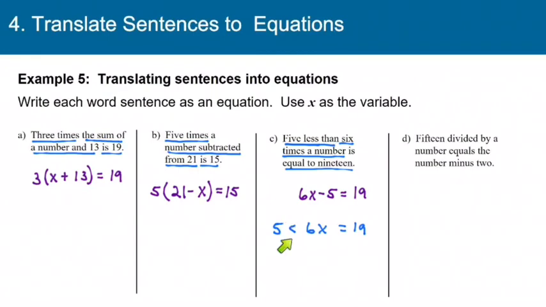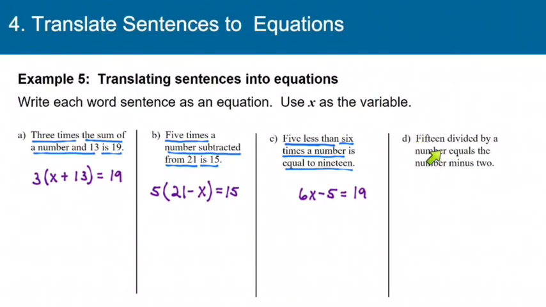So the difference is that this doesn't say 5 is less than 6 times a number. See, it's not trying to get you to put some kind of equality or inequality symbol. It says 5 less than 6 times a number. So the words less than indicate subtraction. And if we had is less than, then that would give us an inequality, but that's not what we have here.